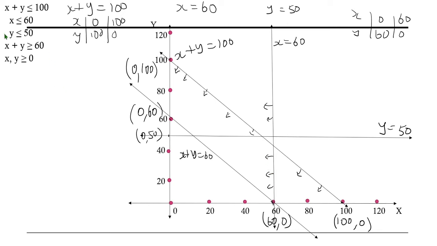The next inequality is y less than or equal to 50. The region corresponding to y less than or equal to 50 is here. The next one is x plus y more than or equal to 60. So the region corresponding to x plus y more than or equal to 60 is this part.